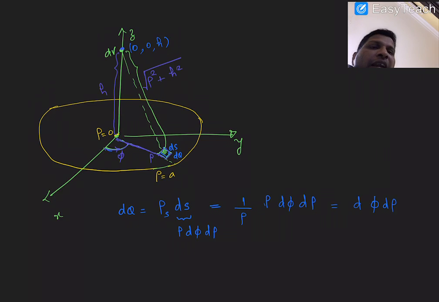Now you can calculate the small potential or the voltage dV due to this small charge dq at the position at ds, as shown in the figure.